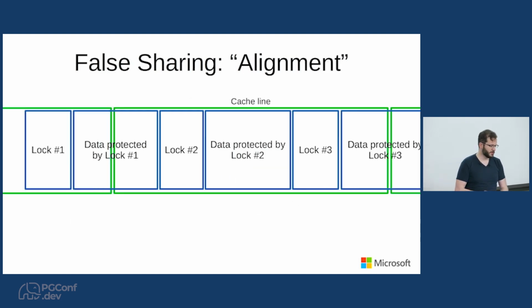Another common scenario, which we have encountered a lot in Postgres, is that we have data that might be cache line sized, but we didn't take care to align the beginning of the array that contains the data. So whenever we access something, we conflict with locks that we wouldn't have to conflict with if we had aligned the beginning of the array to some multiple of 64 bytes or 128 bytes.